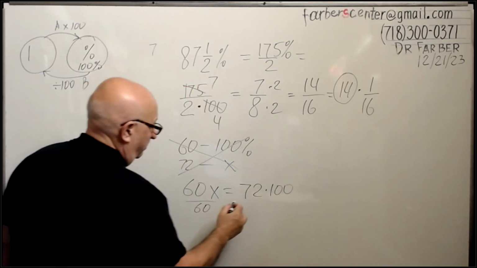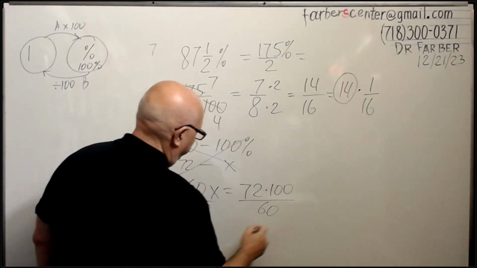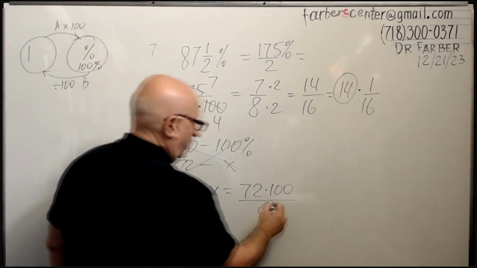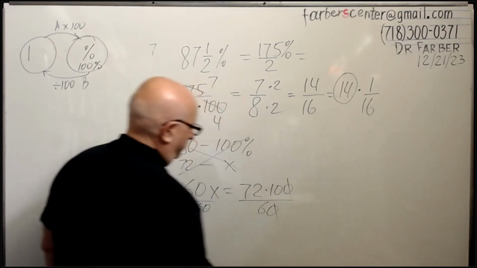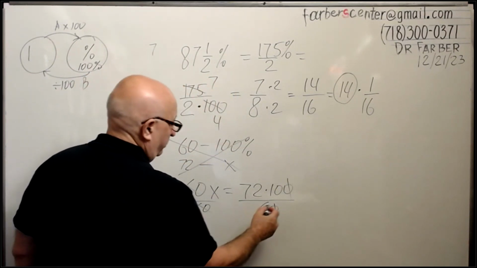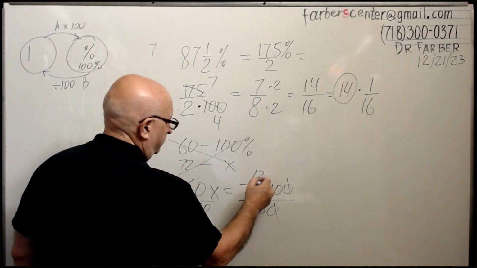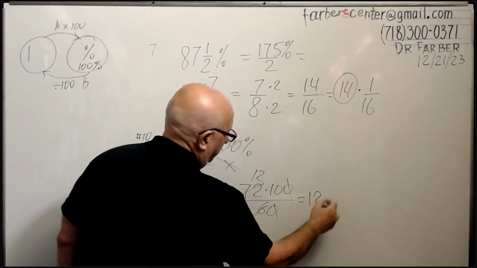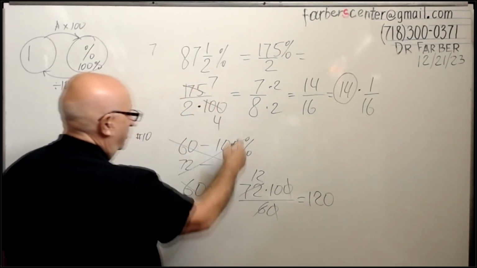Divide by 60. Cancel out. Cancel the 0. 6 goes into 72 12 times. 12 times 10, 120. Unit of measurement, percent.